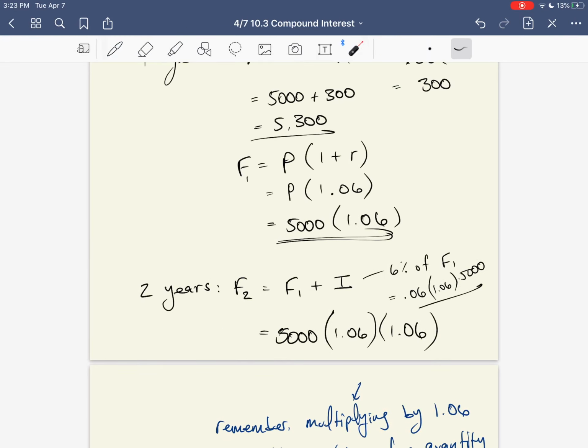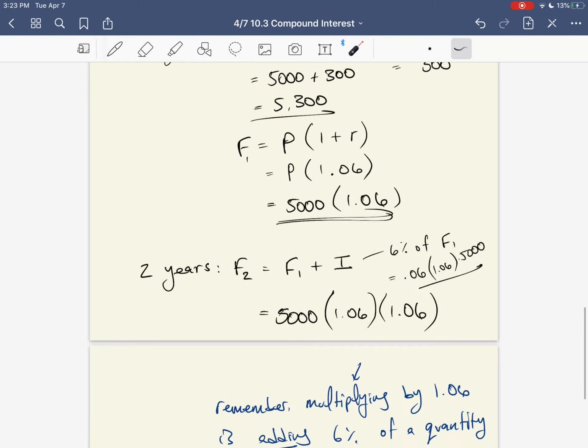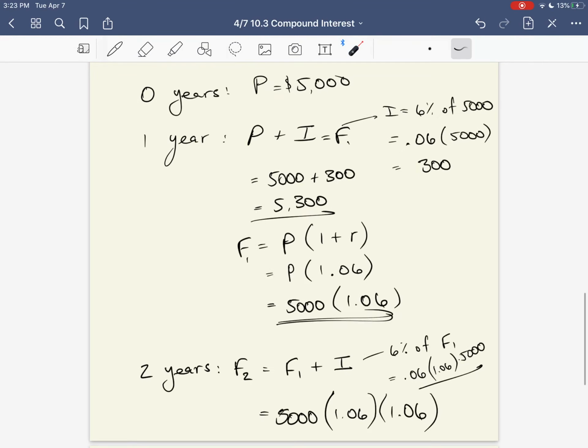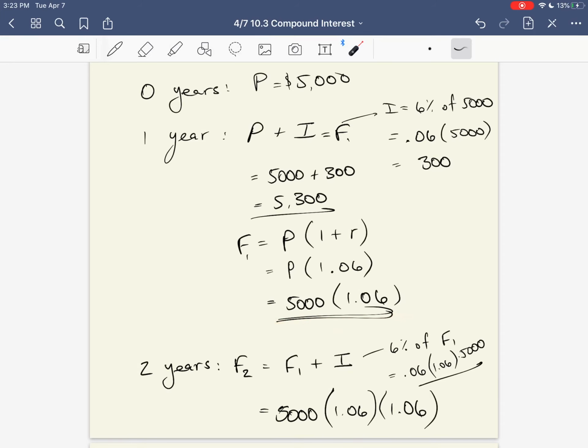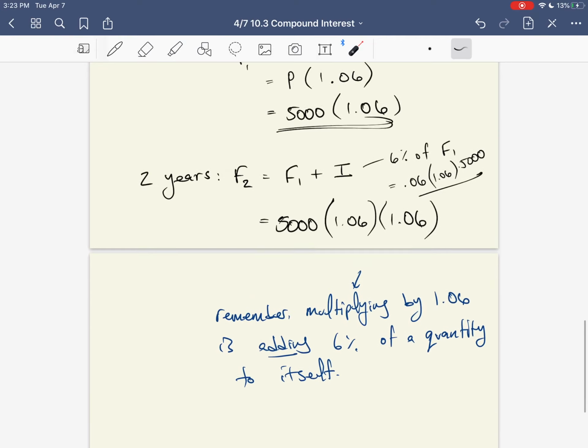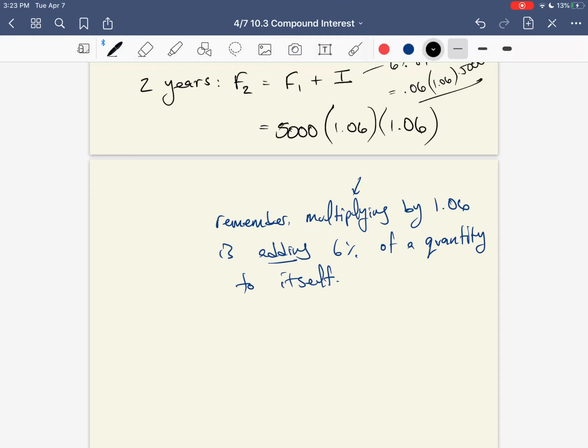This is why I didn't really want to work out the 5,300, but instead just look at this pattern. So after 0 years, you have $5,000 in there. After 1 year, you have $5,000 times 1.06. After 2 years, you have 5,000 times 1.06 times 1.06, because you're collecting interest on this whole sum here. And so after 18 years, what do you think we're going to have? After 18 years, our F sub 18 is going to be 5,000 times 1.06 to the 18th power.